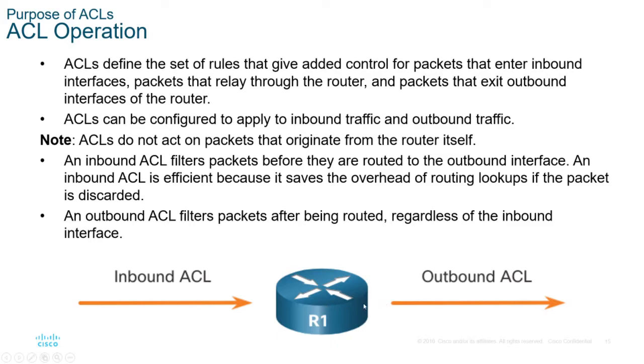Then, as it's getting prepared and rebuilt into a frame and being readied to be sent out this G01 interface, it would have to pass through my outbound ACLs before it's allowed to leave the router. So think of inbound as traffic that's going into the router, and outbound as traffic that's leaving the router. That's what we have to determine when we're writing our ACL rules, whether this is for inbound traffic or outbound traffic. So we're applying it based off of the flow of traffic through the router itself.